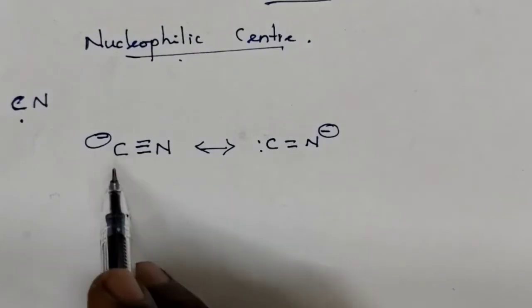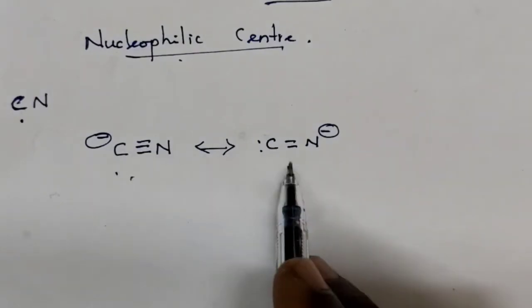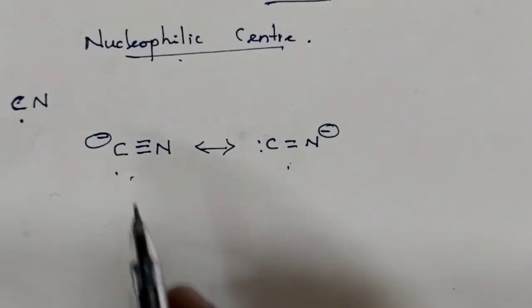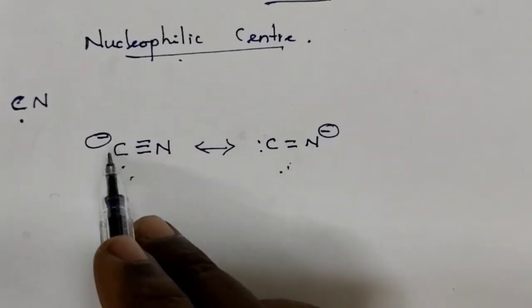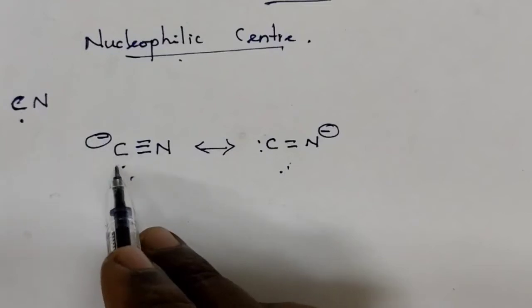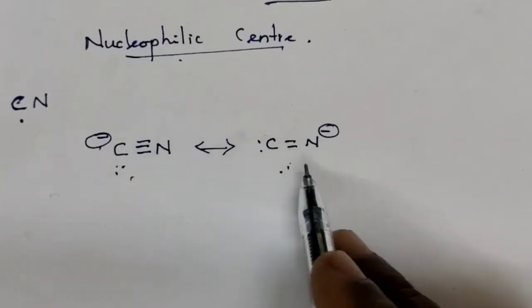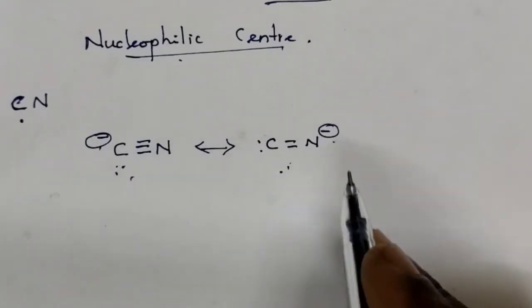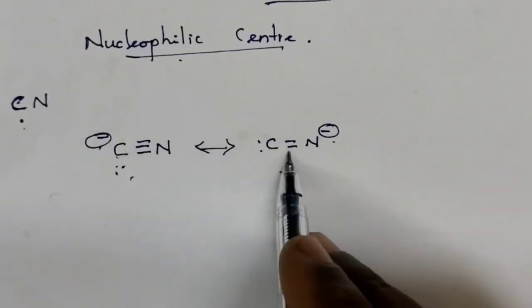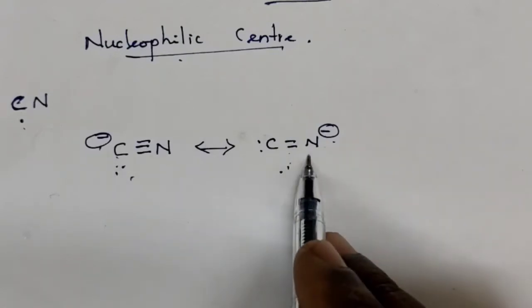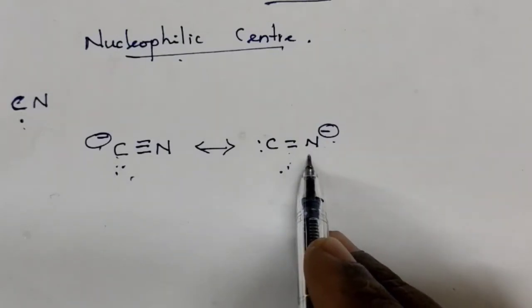This CN has two resonance hybrid structures. In one structure carbon has the negative charge, and in the other nitrogen has the negative charge. That means CN has two nucleophilic centers. These two act as nucleophilic centers.